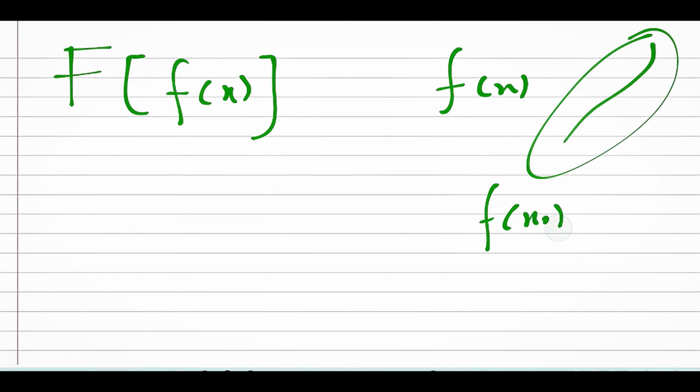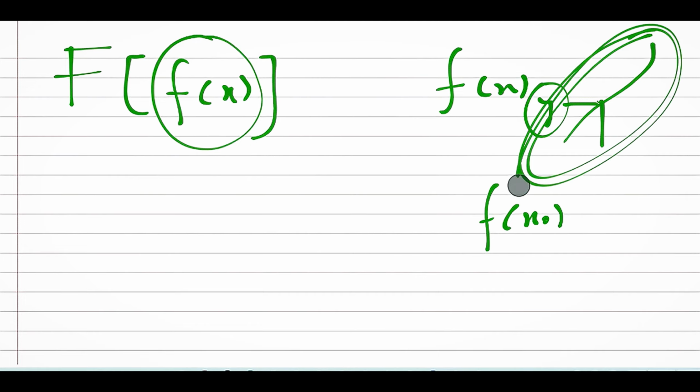For example, you don't take this point x and its y and calculate the functional at a particular value of f of x. No, that's not happening. You are taking the whole trajectory as input for this functional, and that makes it different from functions. In functions, we take only a single value of x as input and we get a single output.